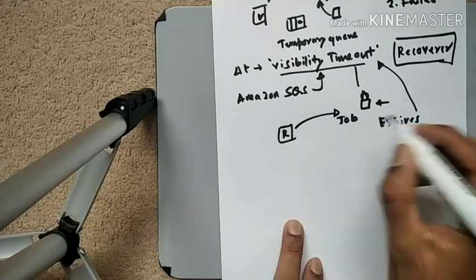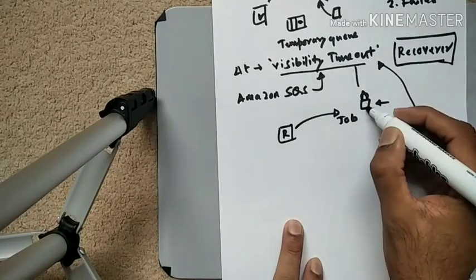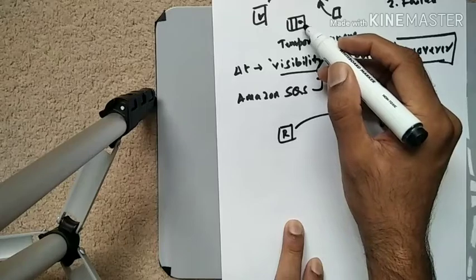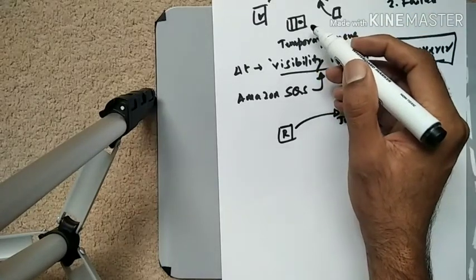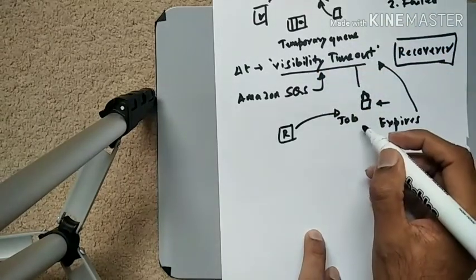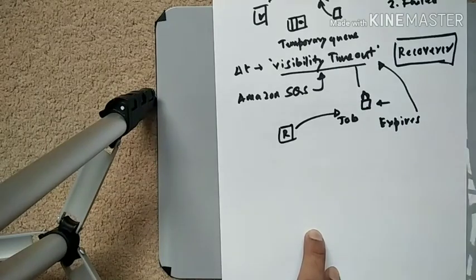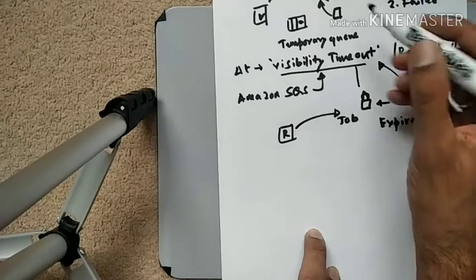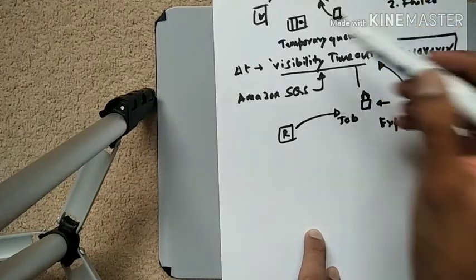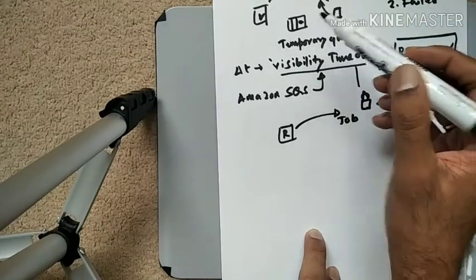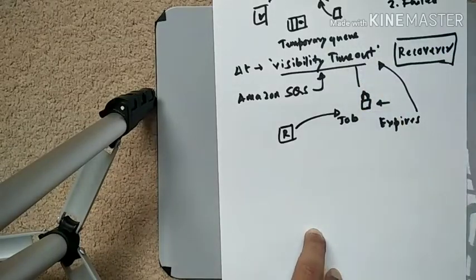But if there is no lock for that corresponding job, that means the worker has failed to complete the job and has hence failed to delete that job from the temporary queue, and hence it can recover it.